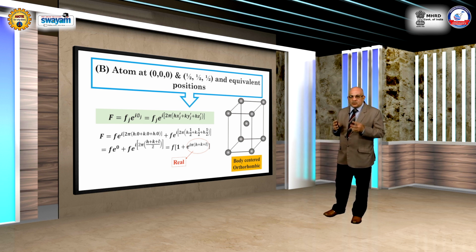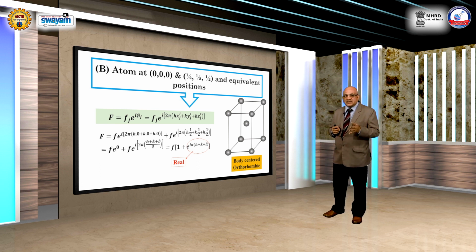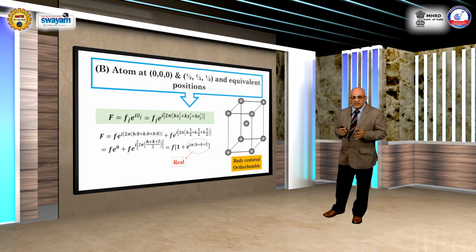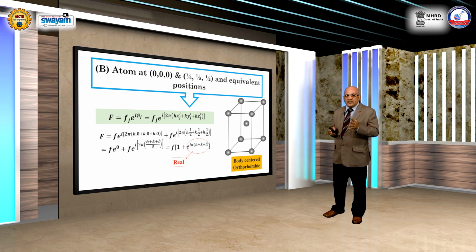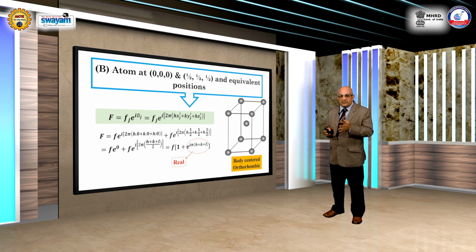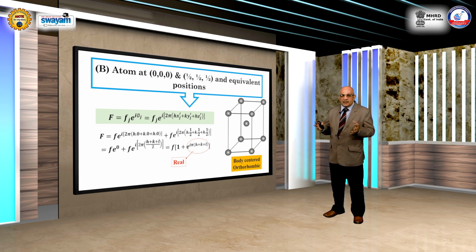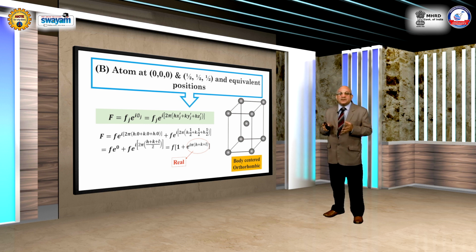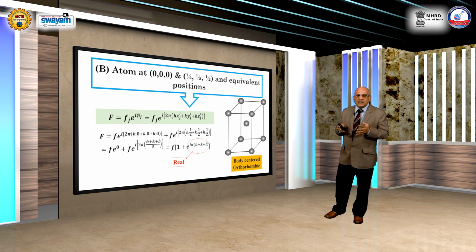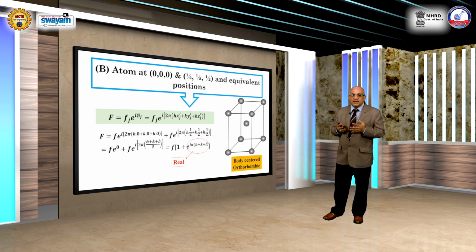If you put these two values in your equation, for the first one, 0 0 0, you will just have e to the power 0, which will be 1, and for the next one you will have e to the power i 2 pi (half h plus half k plus half l), and if you do the calculation you will see e to the power i pi (h plus k plus l). If you want to make it real, then h plus k plus l has to be 2n, that means it has to be even, then only this will be a real number.